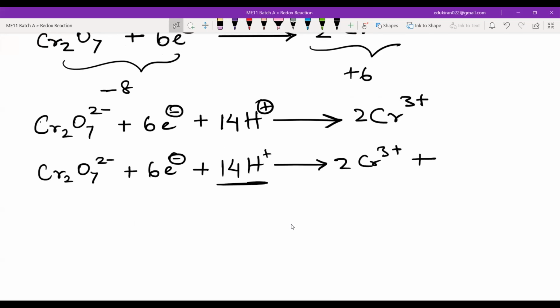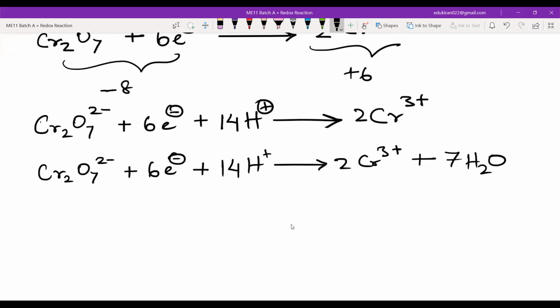This equation here is our reduction half, and here we have the oxidation half. So we'll now write both of these. The oxidation half is Fe2 plus giving me Fe3 positive plus an electron.